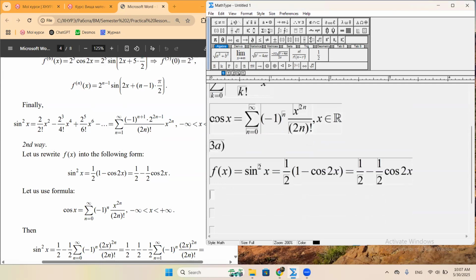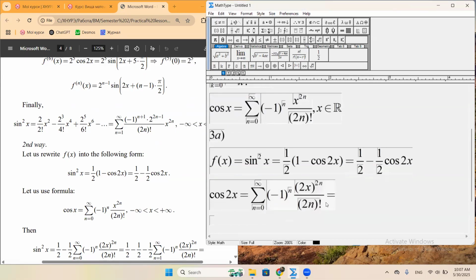So let's use this formula. Cosine of 2x will be equal, I will just substitute 2x here. So 2x in power of 2n. Let me expand it.